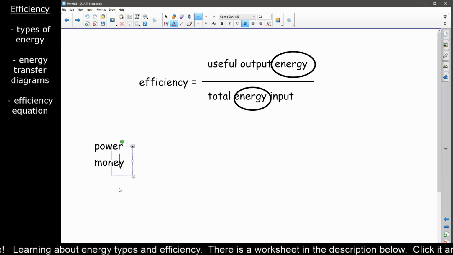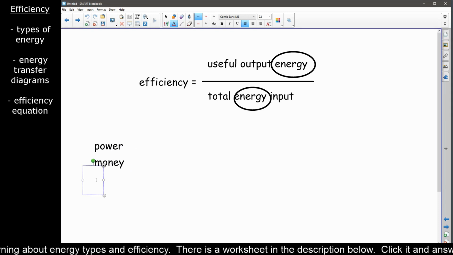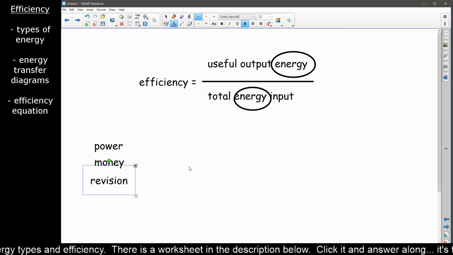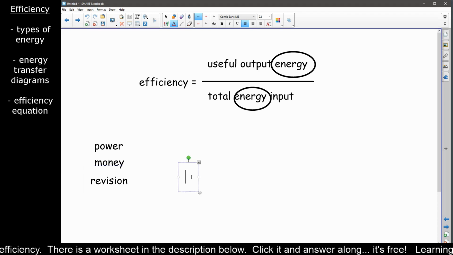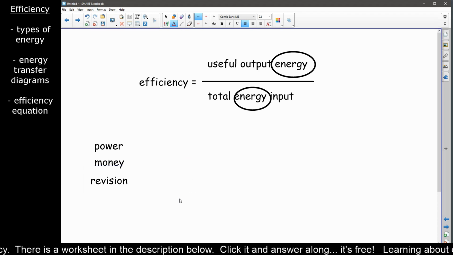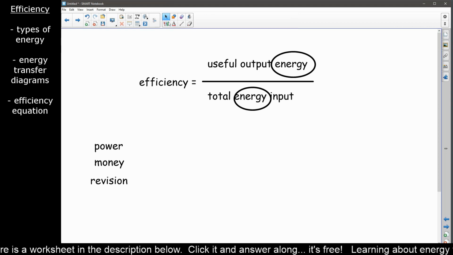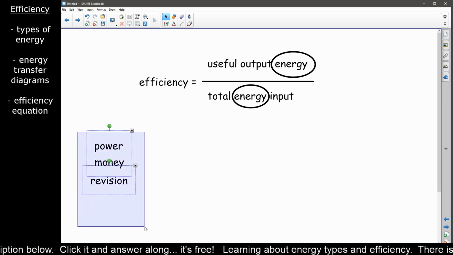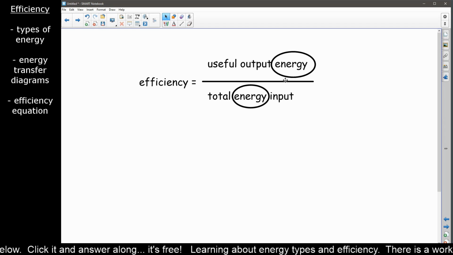You know, you could have even simple words like revision. My useful output revision divided by my total input revision. Now you know about that already, where you're sitting staring at a book and none of it's going in and it's been a complete waste of your time, whereas when you're really focused for like 15 minutes, but that entire time you've been learning, that's actually more efficient. So we're using the word energy tonight, but the concept of efficiency can replace this word with anything really.